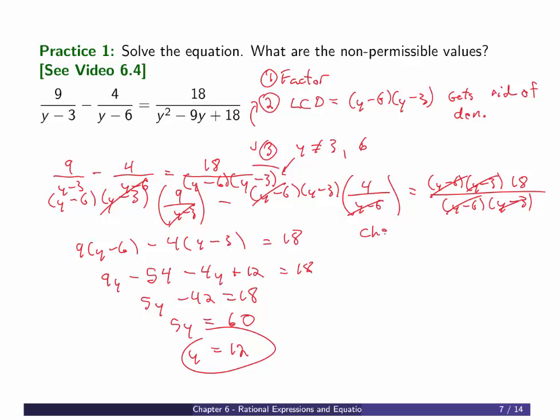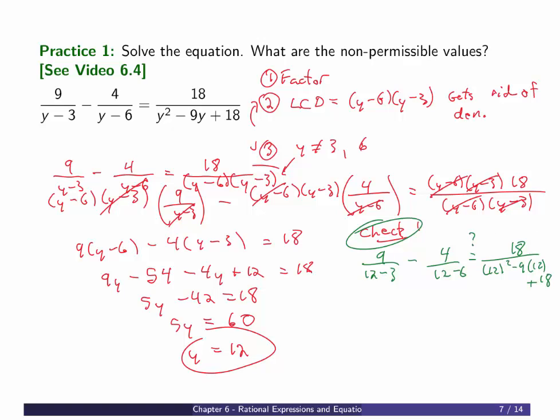So now we'll check our answer. This is kind of an annoying check, but we're left with 9 over 12 minus 3 minus 4 over 12 minus 6 equals 18 over 12 squared minus 9 times 12 plus 18.